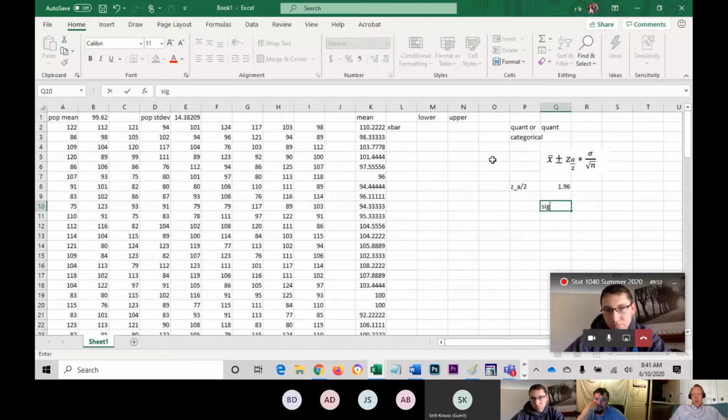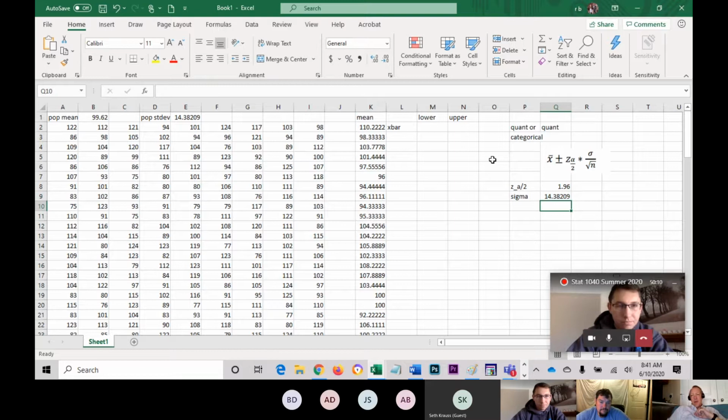Your sigma, what's your sigma going to be in this case? Would this be the 14.38209? Right, 14.38209.